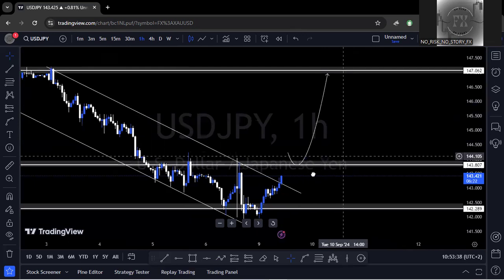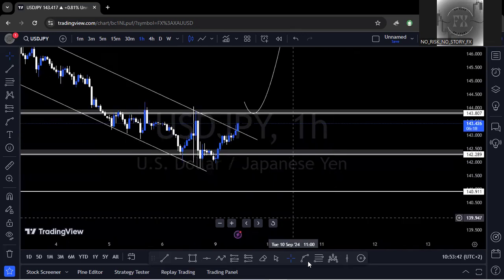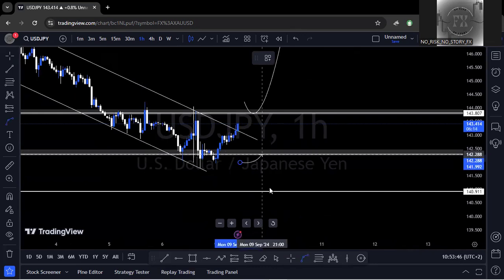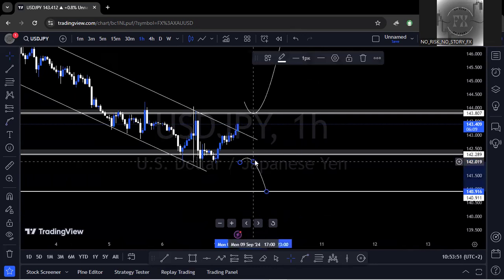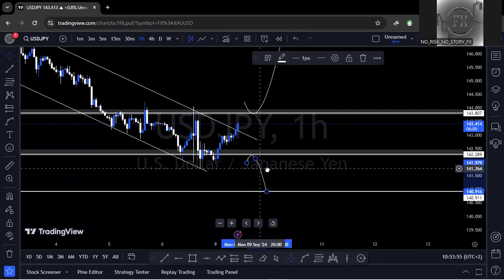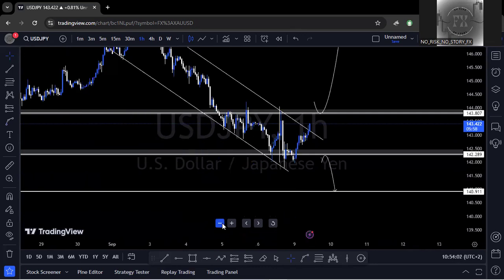Or I can wait for this market to maybe come back around these areas here to break and retest so that I can take those selling opportunities. But it will be those small selling opportunities.